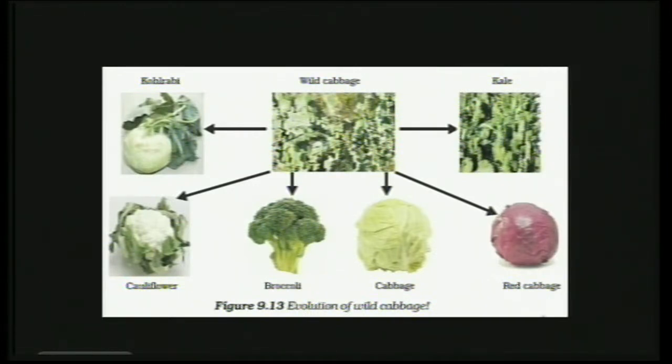You can see cauliflower, cabbage, broccoli, red cabbage, kale and others. This is how we are seeing the changes that have happened over time. But all these plant vegetables are still around us, and we can actually see them. So we know that these are related, and these have come from a single parent species of wild cabbage.